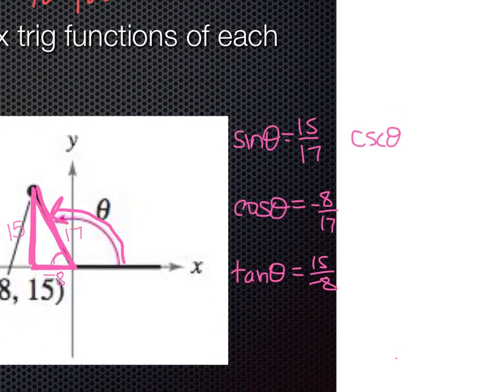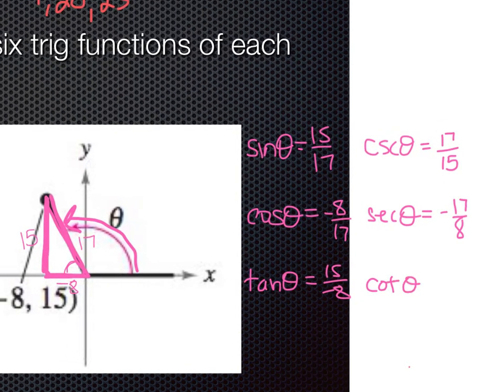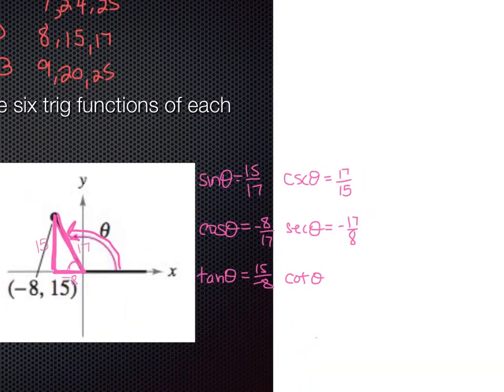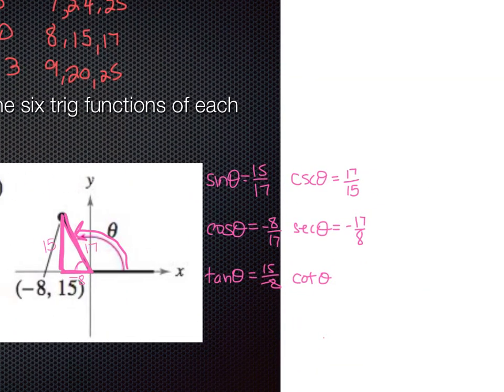I told you. Cosecant, flip the sign. Secant. -17 over 8. Cotangent. -8 over 15.